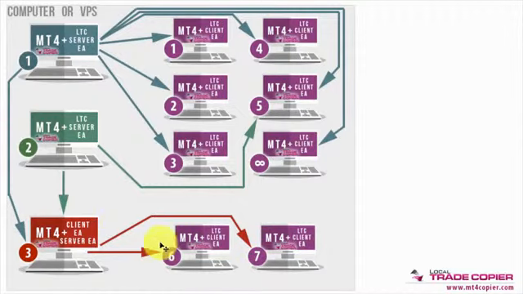Obviously I could be copying those trades to whatever I want, but for this demonstration I just copied them to these 2. Now it doesn't end there. So we have a computer or a VPS with a lot of MetaTrader accounts copying those. It became quite a complicated setup, so I hope you guys don't get confused by that, but I try to draw this as simple as possible.